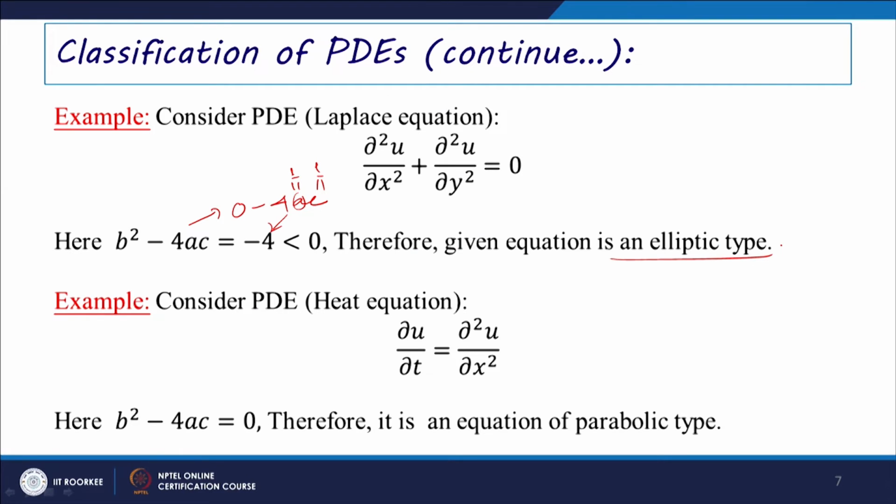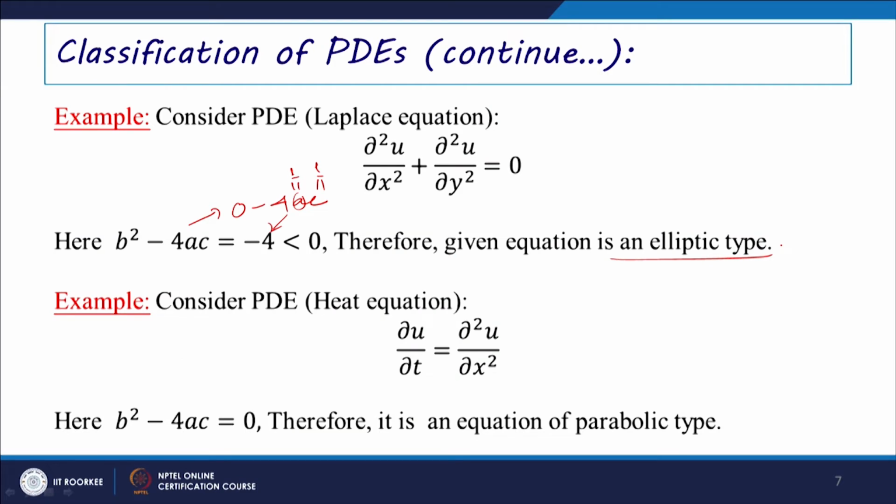For example, if you consider a one dimensional heat equation, then this partial differential equation form is ∂u/∂t = ∂²u/∂x². People used to write this in the form ∂u/∂t = c ∂²u/∂x², where c is the specific heat constant.